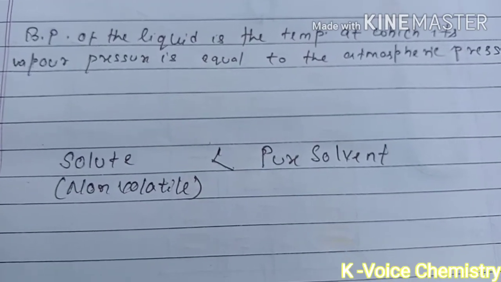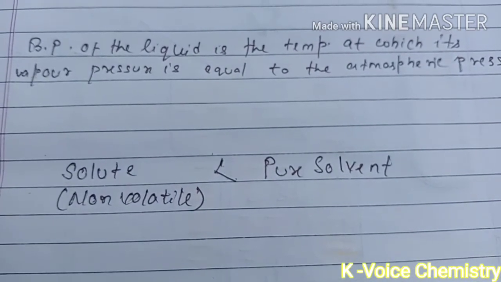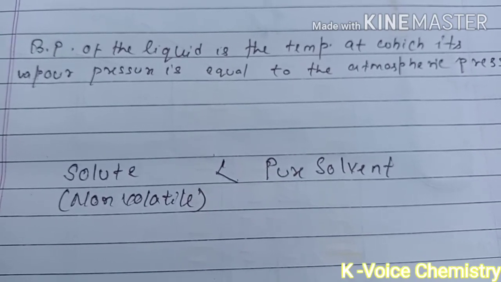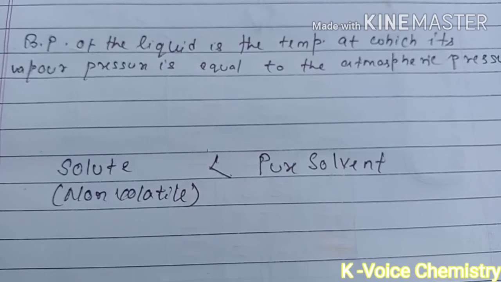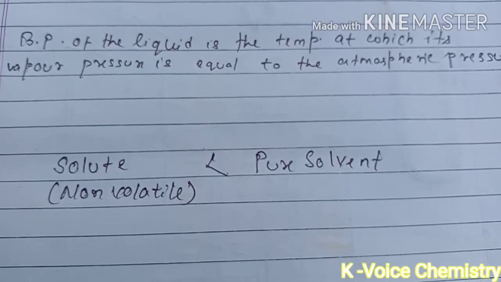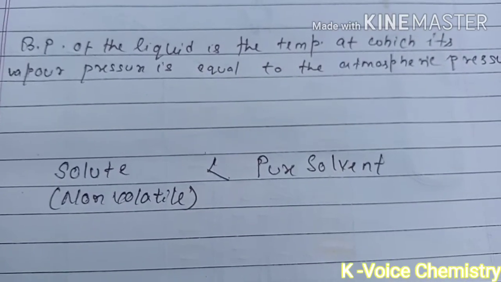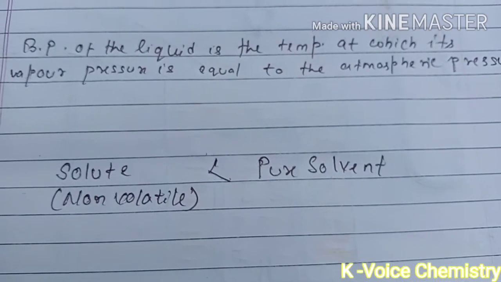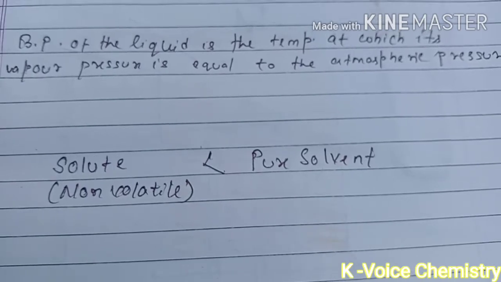As we are heating, in order to make the vapor pressure of the solution containing the non-volatile solute equal to the atmospheric pressure, we must heat the solution to a higher temperature. Okay, so let us discuss this.